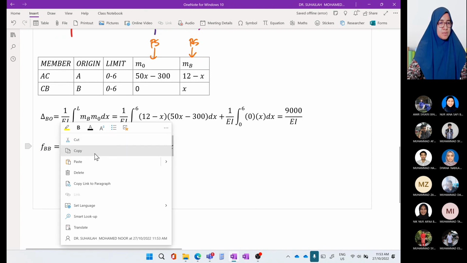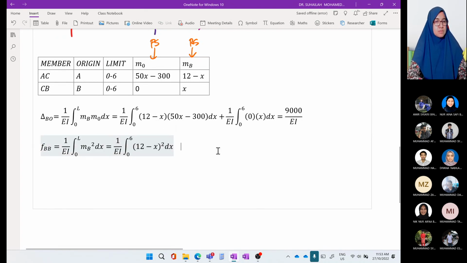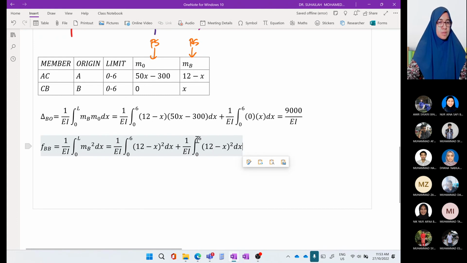So plus, it is x squared dx. So what is the answer? 576 per EI.